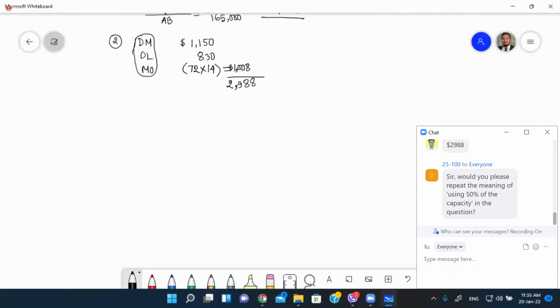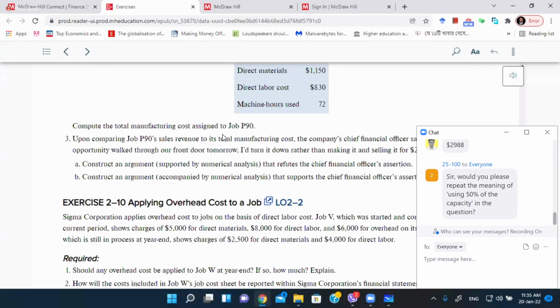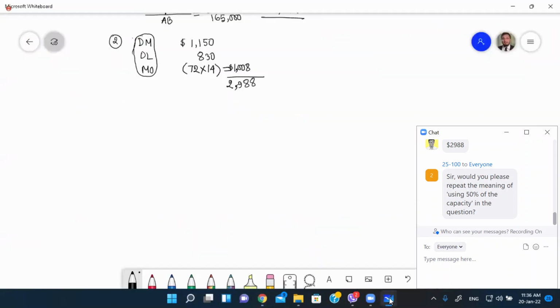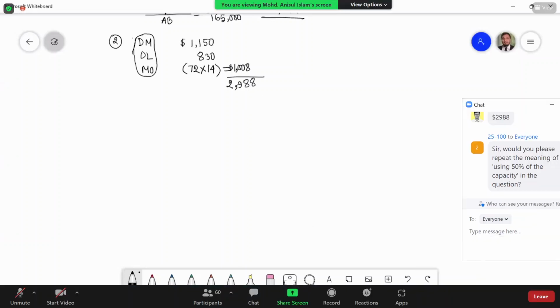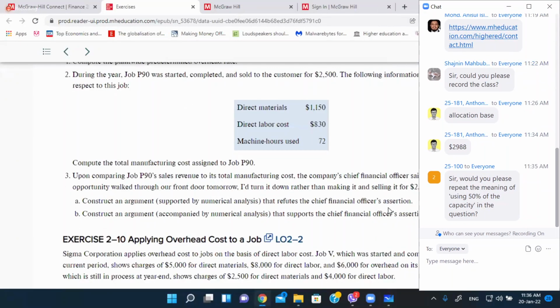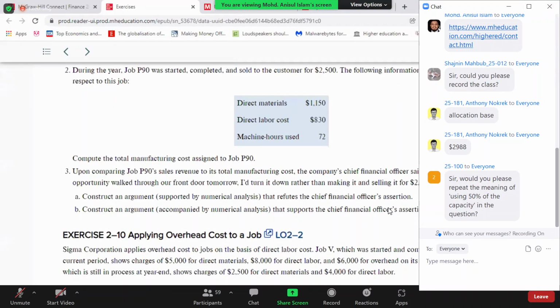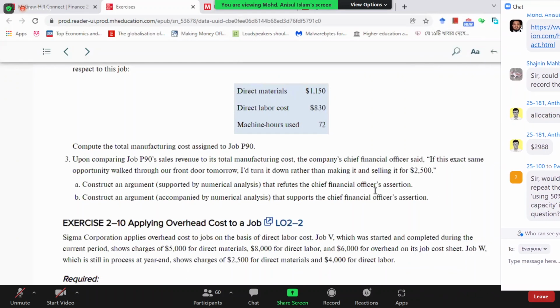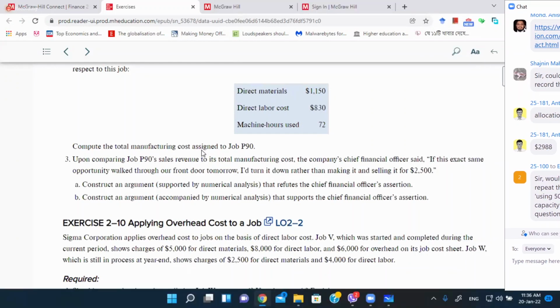Now there's a question. Note that the job was sold at 2,500. But we see the cost based on our estimation is 2,988. It's as if the company has done something wrong, or done a loss-making job. So that's why the chief financial officer has raised concern.